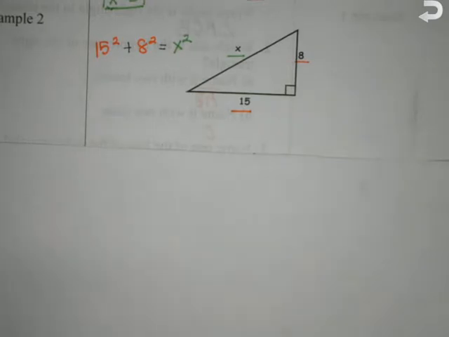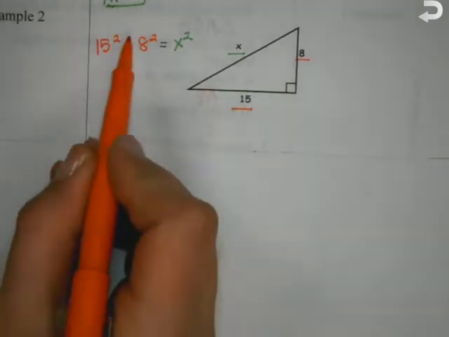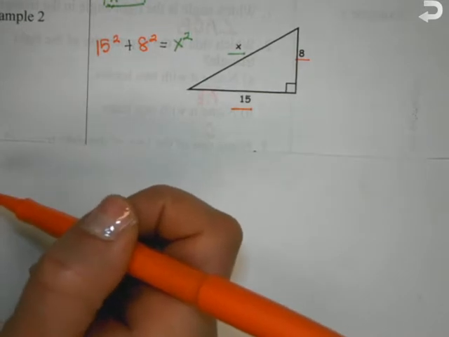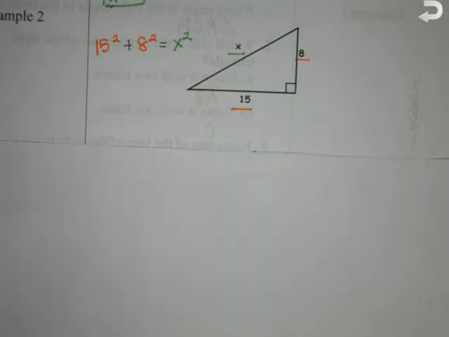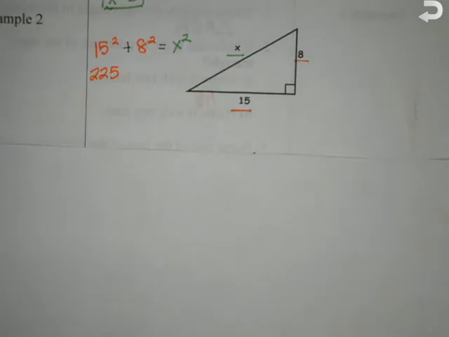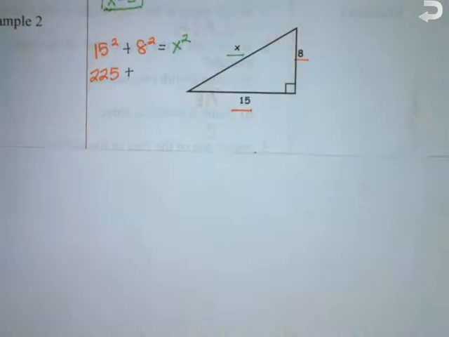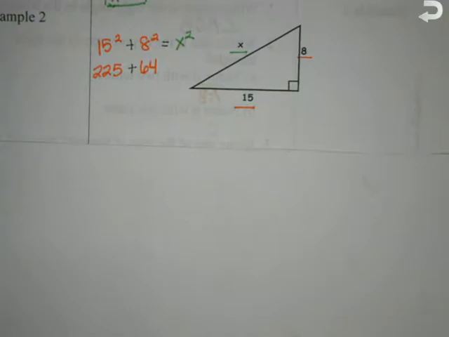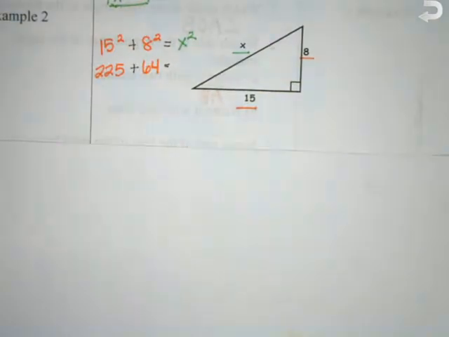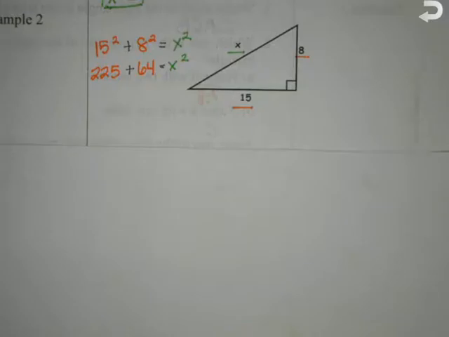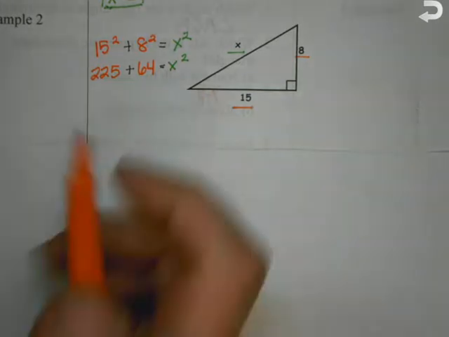It's 15 times 15, which gives me 225. So 225 plus 8 squared, which is 64, is equal to, we still don't know what x is, so x squared, right? Okay, what is 225 plus 64? 289. Okay, is equal to x squared.